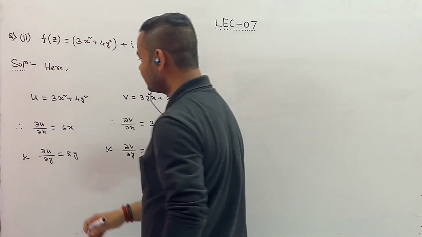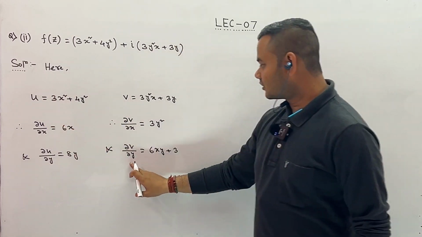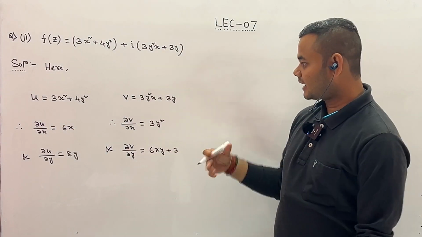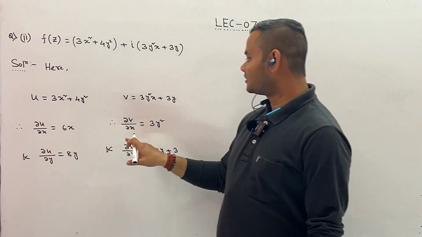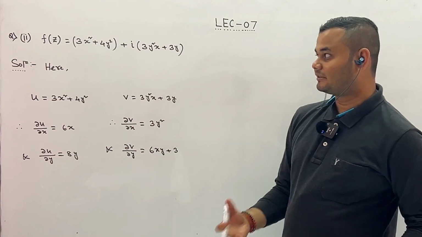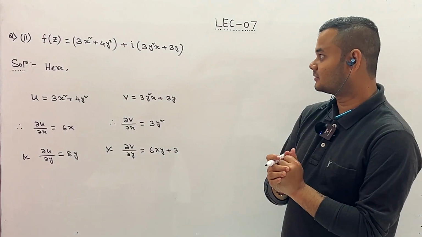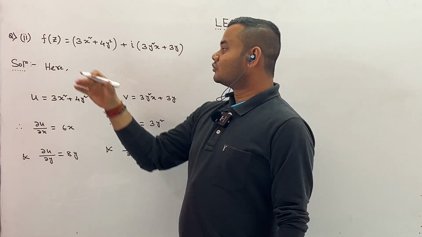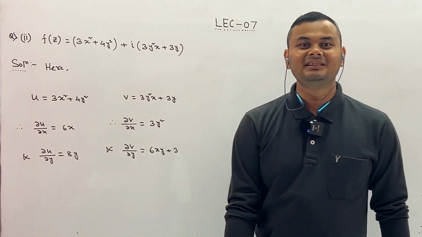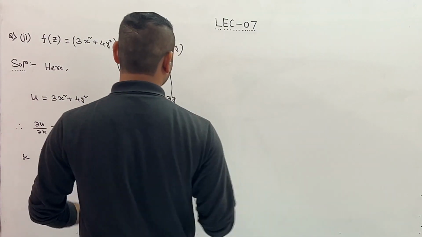Here we have seen that del u by del x is not equal to del v by del y and del u by del y is not equal to minus del v by del x. That means the given function does not satisfy the Cauchy-Riemann equations. Hence, we can conclude that this function is not an analytic function.